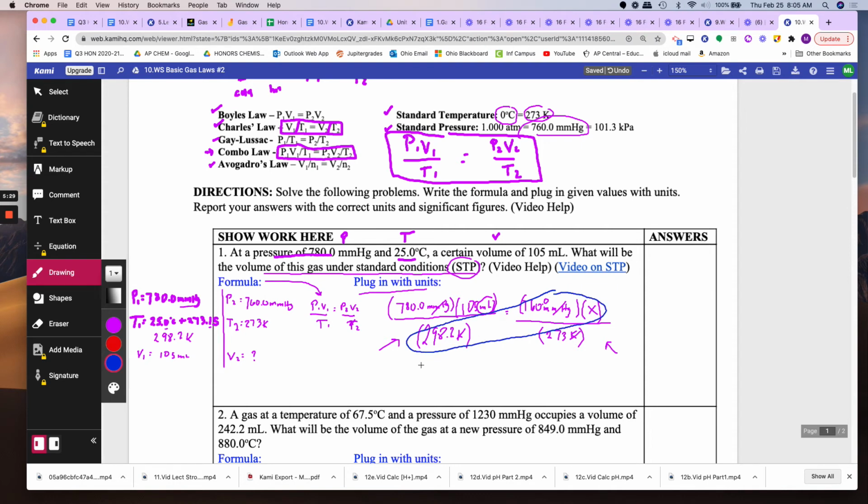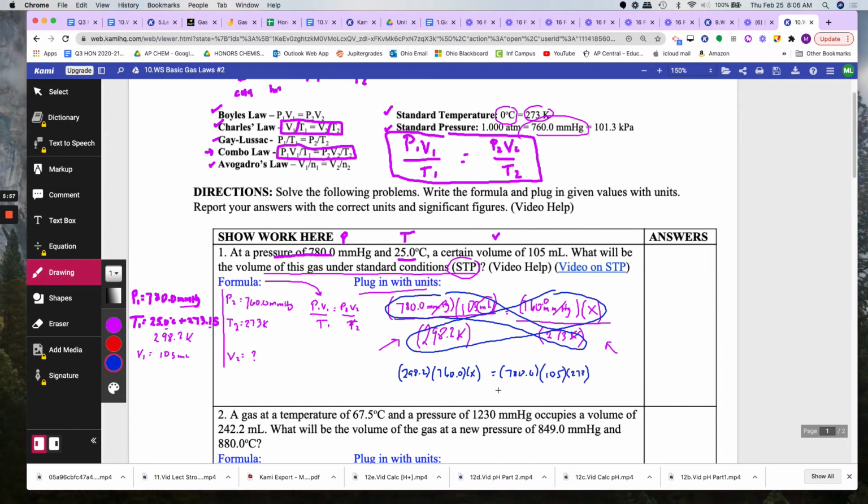So this is what I'll do in the calculator. I'm going to multiply 298.2. I'm not going to write the units here, just showing you what I'm doing in the calculator. 760.0 and multiply that with x, equal to, and then cross multiply this, 780.0, 105, and 273.